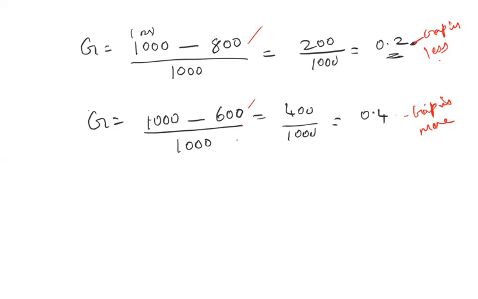So different policies have to be devised. First, the person who is spending 600 also should be able to spend 800, so that the gap will reduce to 0.2, and this other person's gap should be 0, so that his income earning capacity should be raised, so that it will be 1000 minus 1000.